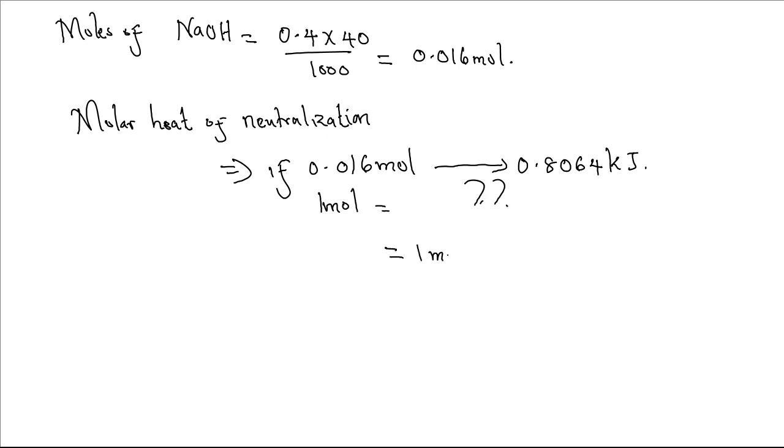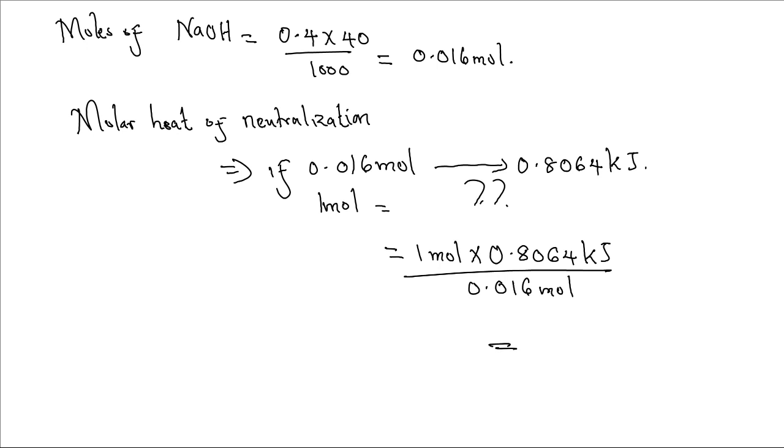That is 1 mole multiplied by 0.8064 kilojoule all over 0.016 mole. That gives 50.4 kilojoule per mole. So since energy is released, it becomes negative 50.4. We can also realize that the value is lower than the one involving strong acids and strong bases.